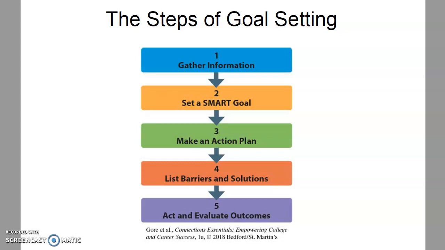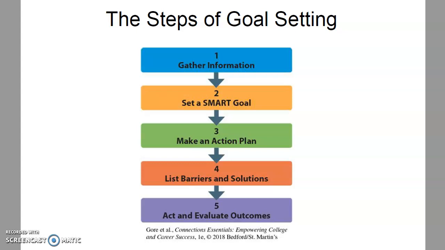Then we write our goal statement using the SMART acronym, which has nothing to do with intelligence. It's simply an acronym containing the 5 criteria for effective goals. After we write our goal statement, we make an action plan of the steps we're going to take to achieve our goal.